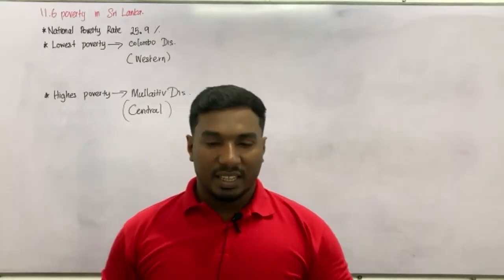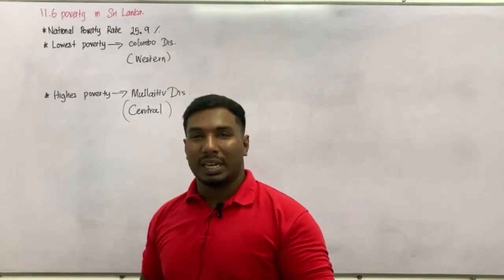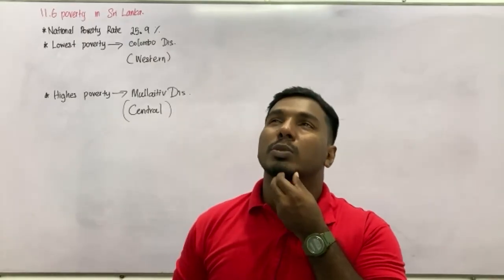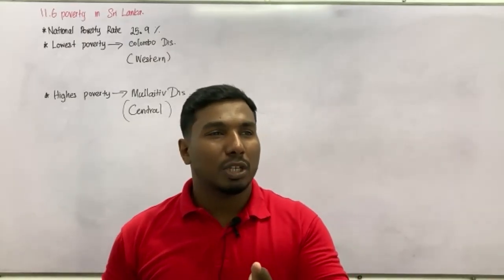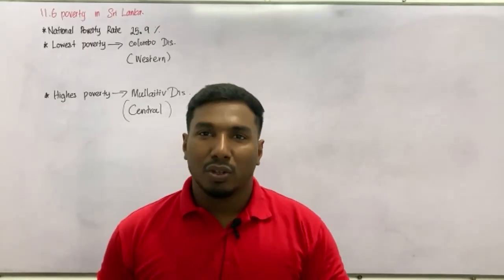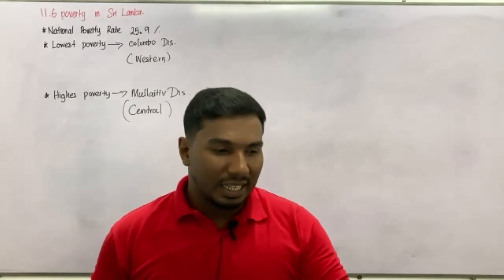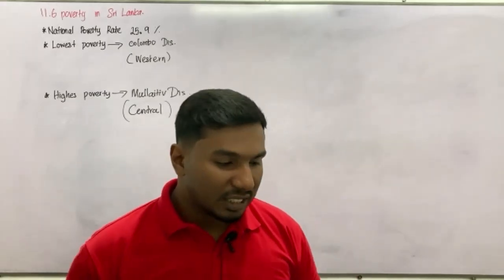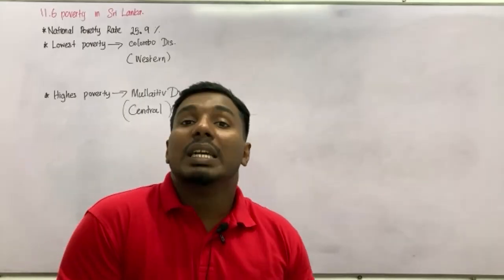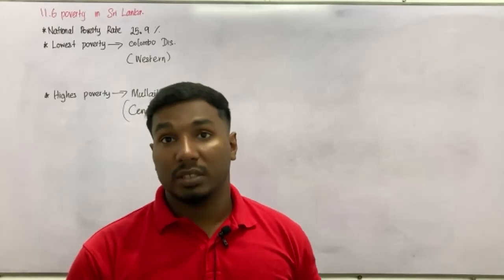I think the estate sector people are in Nuwara Eliya, Kandy, Matale, the Central Province, right? Those provinces have a huge number of estates. The estate workers, in recent days, are struggling to earn 1,000 rupees income per day. They are asking for a wage hike to 1,000 rupees.